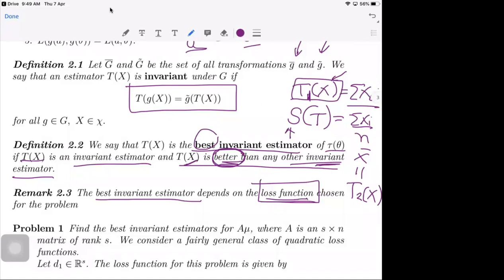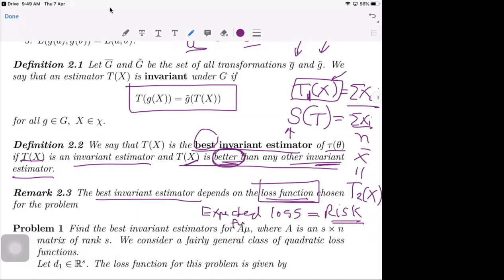The one which will give a smaller expected loss, by the way, on the average, no? The expected loss is actually equal to a risk, no? The risk that we incur when we use the estimator. So expected loss function or the risk function, no?